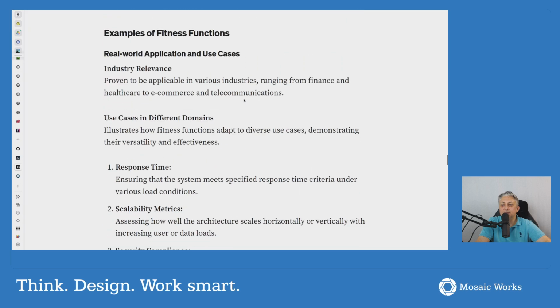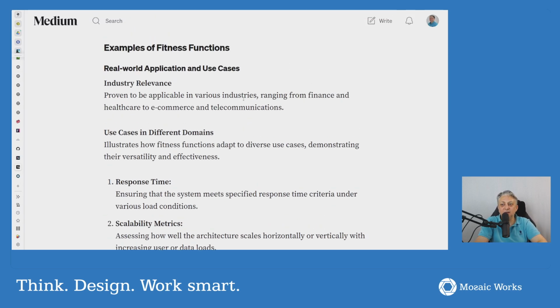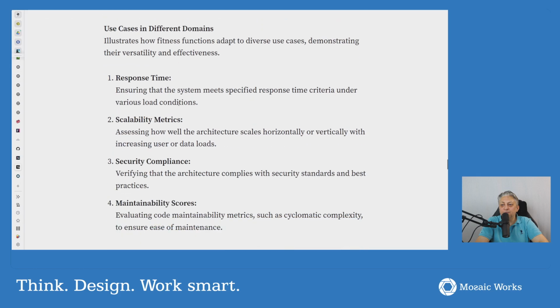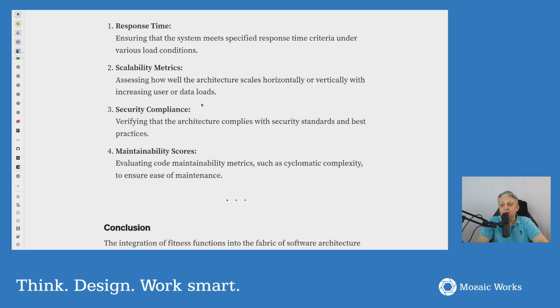So examples, yeah, right. This is the most interesting part, I think. Examples of fitness functions, real world application and use cases. A few of them. Response time, yeah, under specific various load conditions.